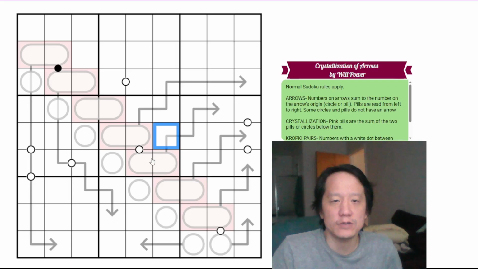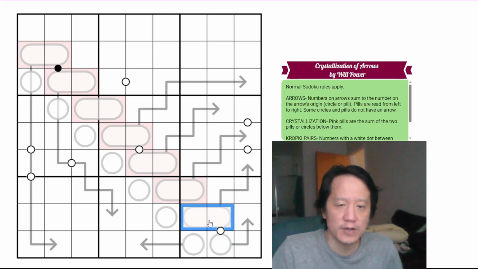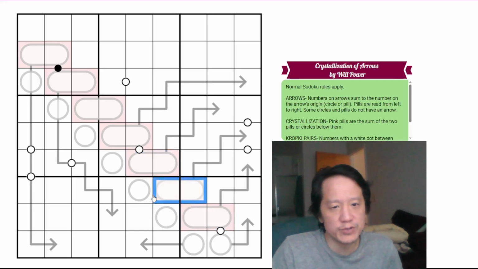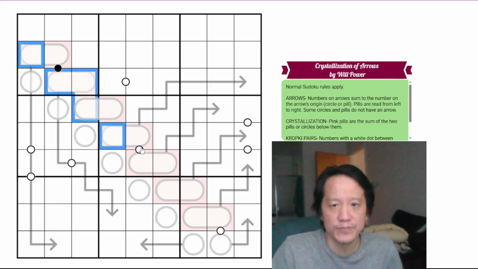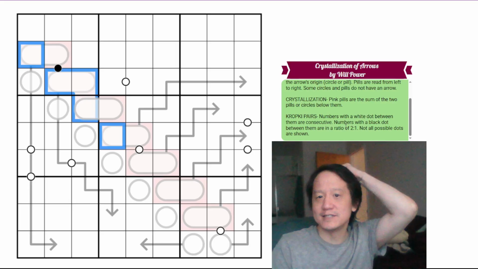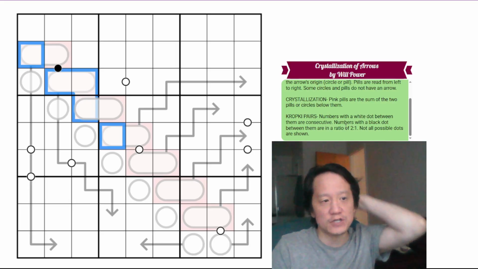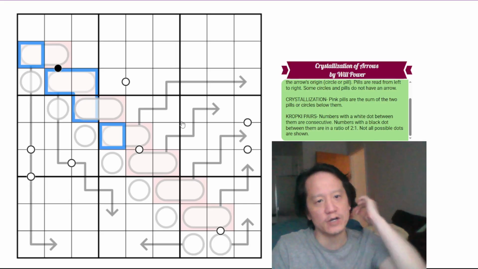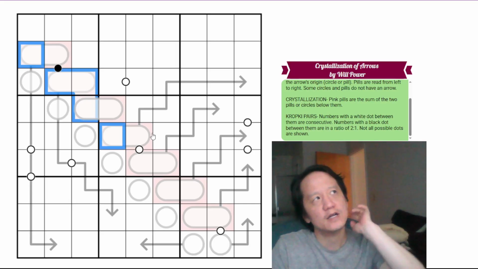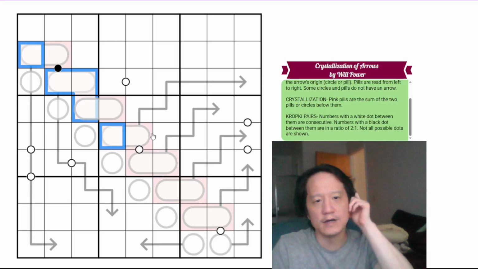Crystallization. Pink pills are the sum of the two pills or circles below them. So this would be the sum of these two digits here. This would be the sum of this pill plus this circle. This would be the sum of this pill plus that circle, etc., etc. So this is the crystallization of arrows, because this is what Will has basically created this rule set and used it fairly well throughout.